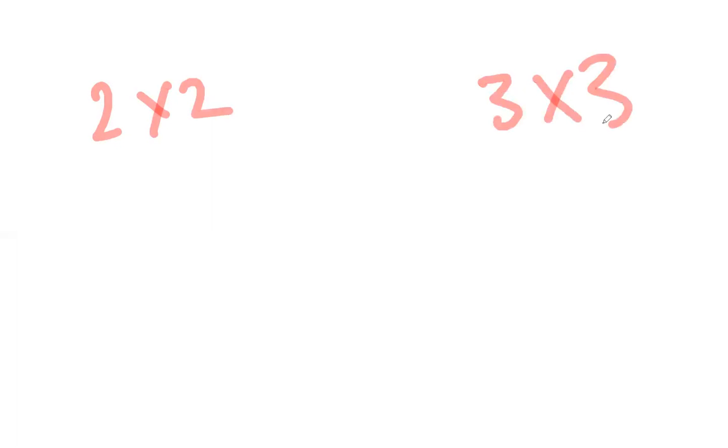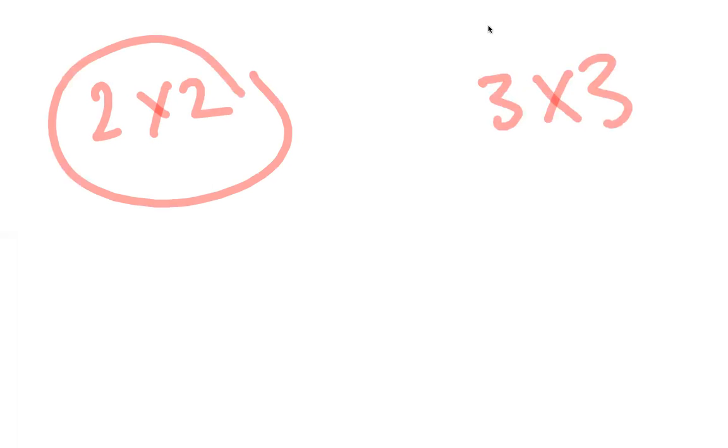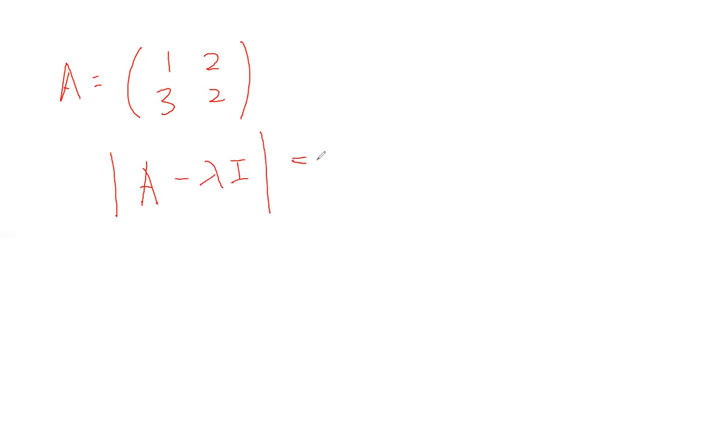In the examples, I talk about a 2 by 2 matrix and a 3 by 3 matrix. Let's go for a simple one first for you to understand. Let's say I have a matrix A equal to 1, 3, 2, 2. We start from the characteristic equation, determinant of A minus lambda I equals 0. So it is the determinant of 1 minus lambda, 2, 3, 2 minus lambda.